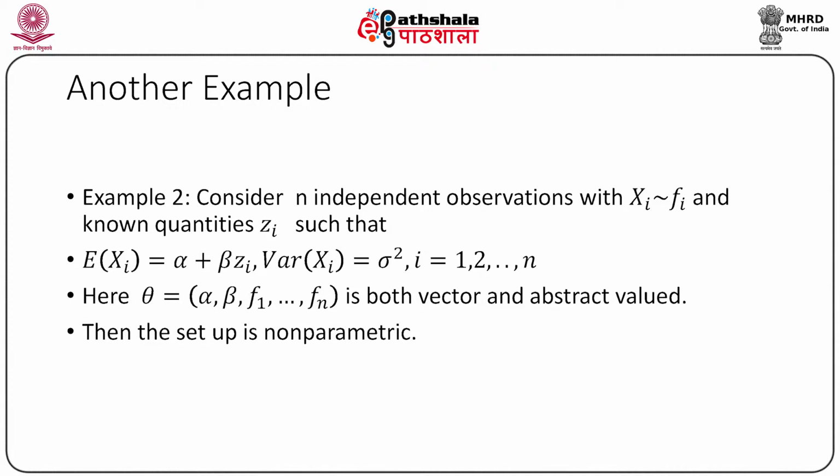Thus, we have the unknown quantities alpha, beta, sigma together with the density functions f1, f2 and fn. Then the vector of unknowns involves both real valued and abstract valued quantities. Therefore, by definition, the setup is semiparametric.